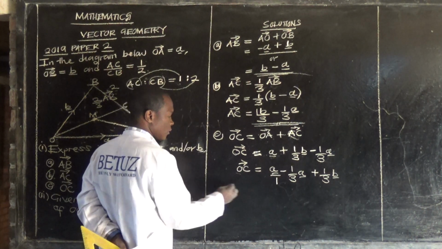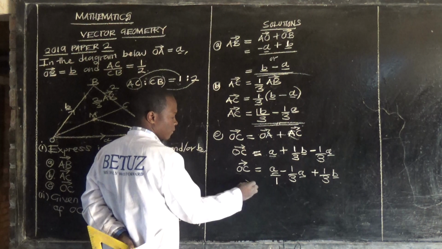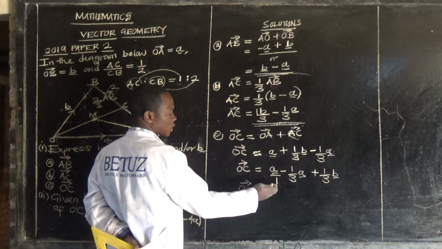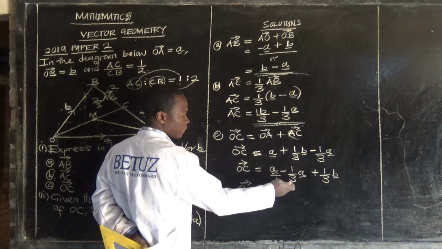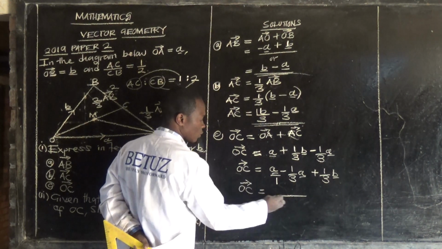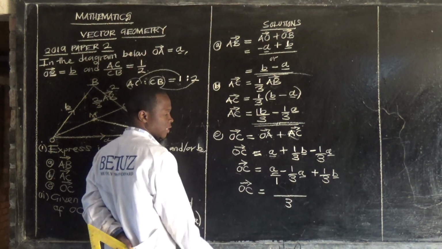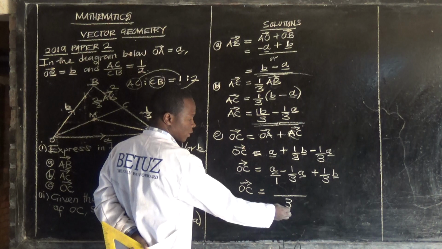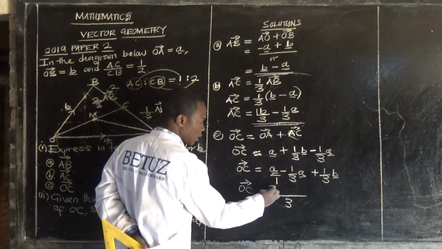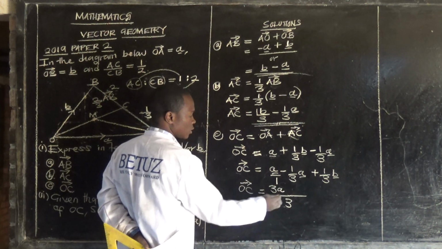Then you say OC is equal to, in this case, what is our lowest common denominator? It's 3. Yes, so you say 3, then you divide and say 1 into 3, it's 3A. 3 times A, you get 3A, very good.